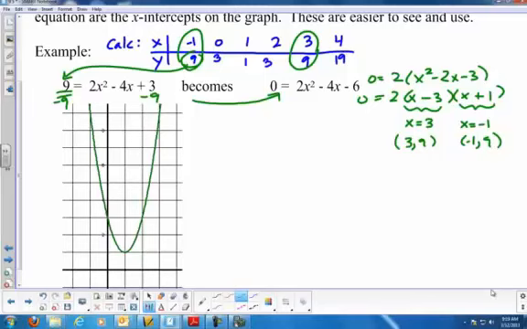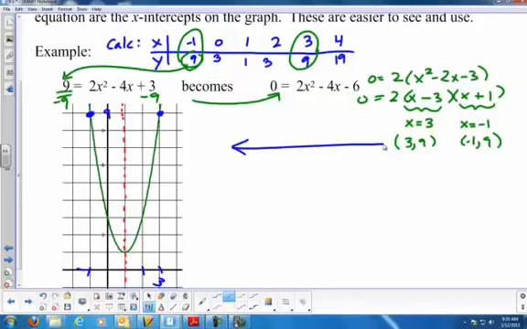Alright, the second graph there, the grid is wrong, so we're going to analyze this on the first graph. So at 3, we're up here at 9, and at negative 1, we're up here at 9. And therefore, we know that our symmetry is directly in the middle at 1.